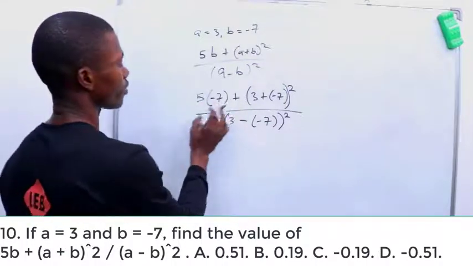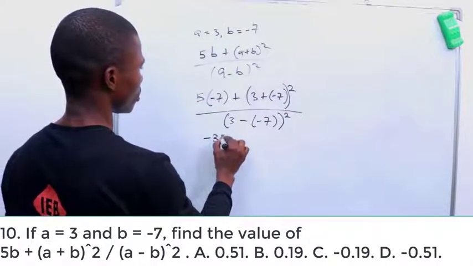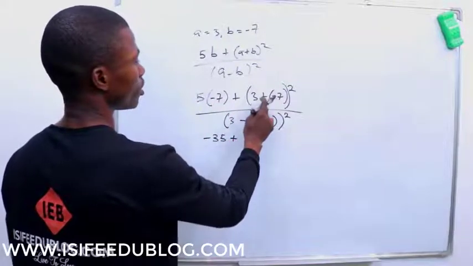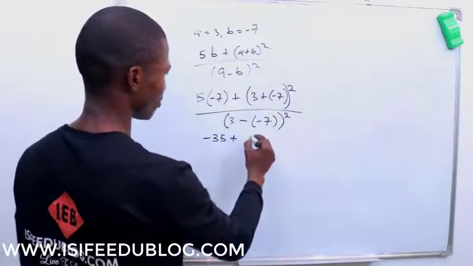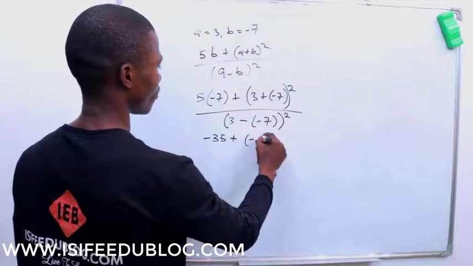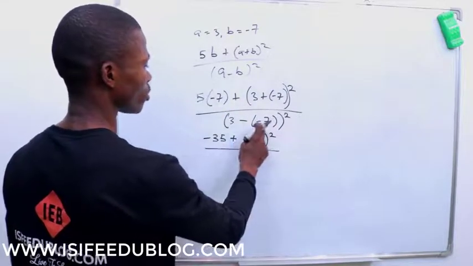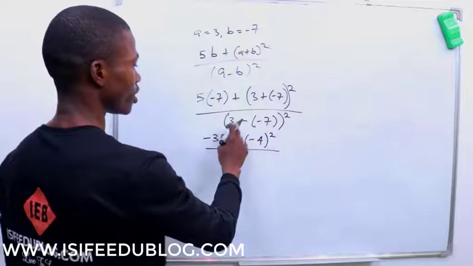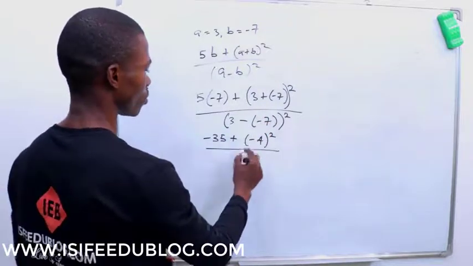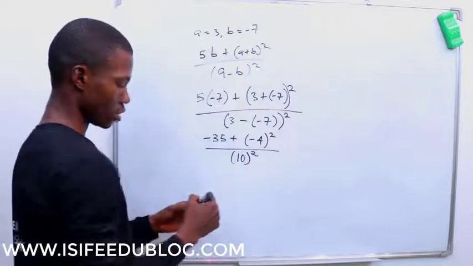So we come here. 5 times 7 will give us 35. This is minus 35 plus minus 4 squared: 3 minus 7 will give us minus 4 squared. All over, plus minus will give us plus: 3 plus 7 will give us 10 squared. Okay?